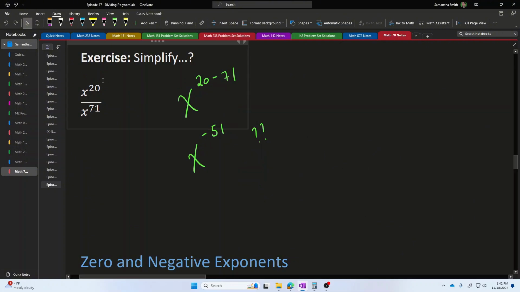Well, if I think about this situation, I can see that in this fraction, I have many more x's in the denominator than I have in the numerator. So when I do the cancellation, the x's that are left behind will be left behind in the position of the denominator.